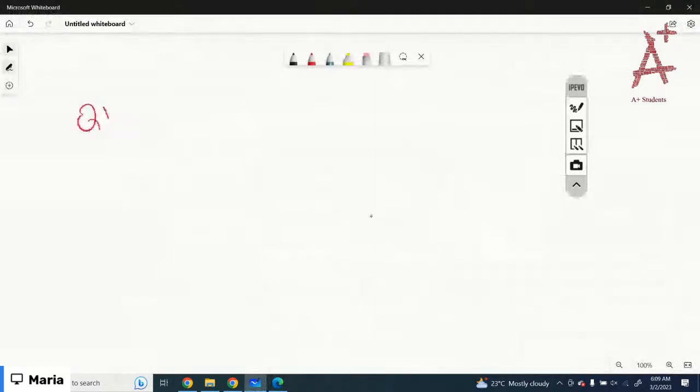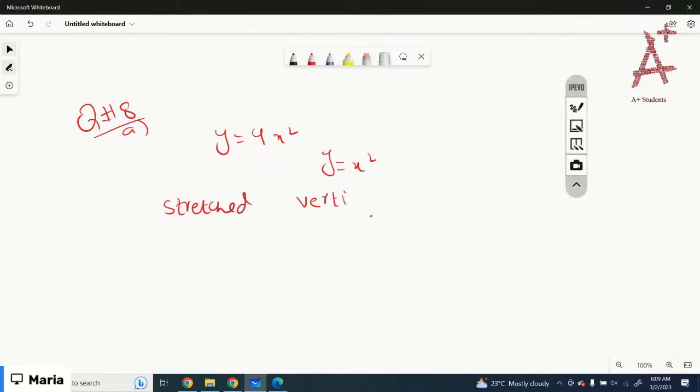The original graph is y equals x square and it must be stretched vertically by a factor of 4. That is the transformation applied on the graph. Got it?